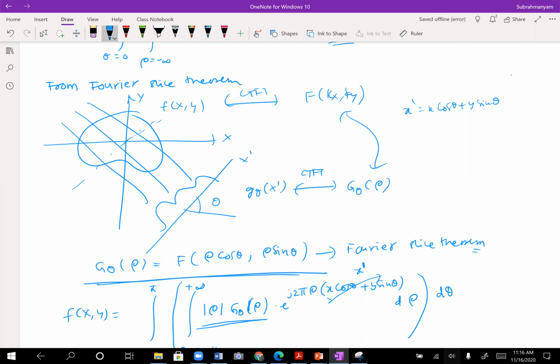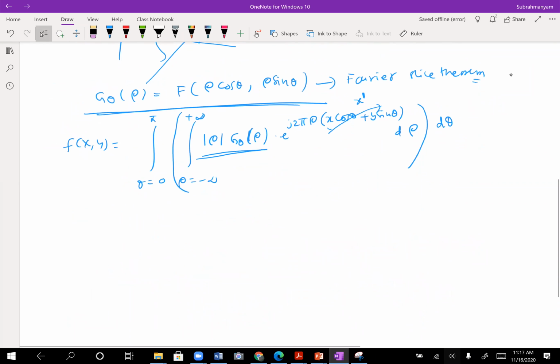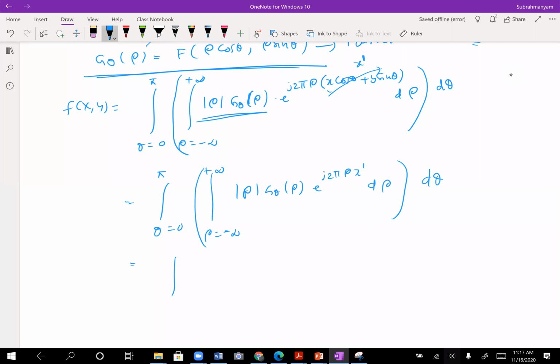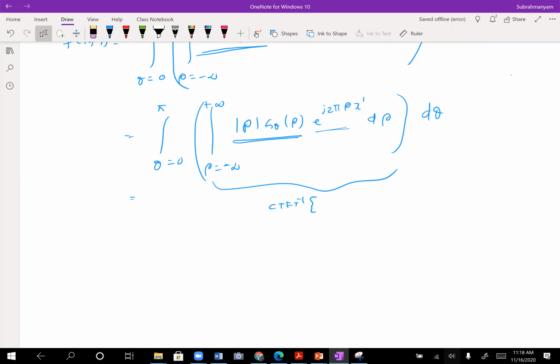So this is in fact equivalent to theta from 0 to pi, rho varying from minus infinity to plus infinity, rho into g theta of rho into e power j 2 pi rho x dash d rho, right, into d theta. Now what is it equivalent to? It is the inverse CTFT of what? Rho times g theta of rho.